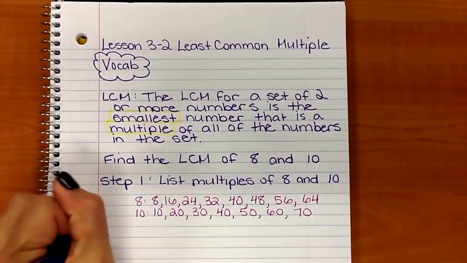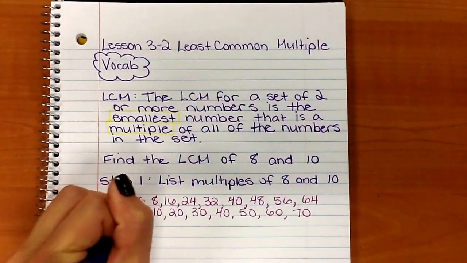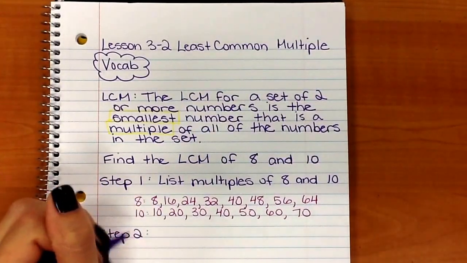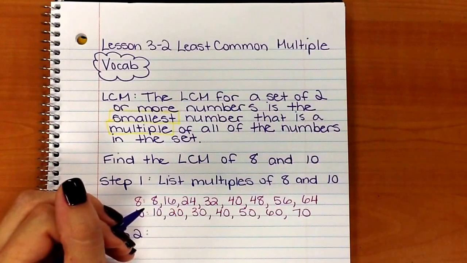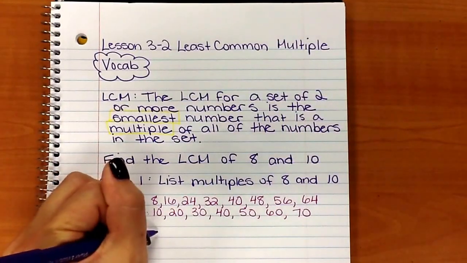Step number 2, I'm going to look at my list and I'm going to identify the smallest multiple that is in both lists.